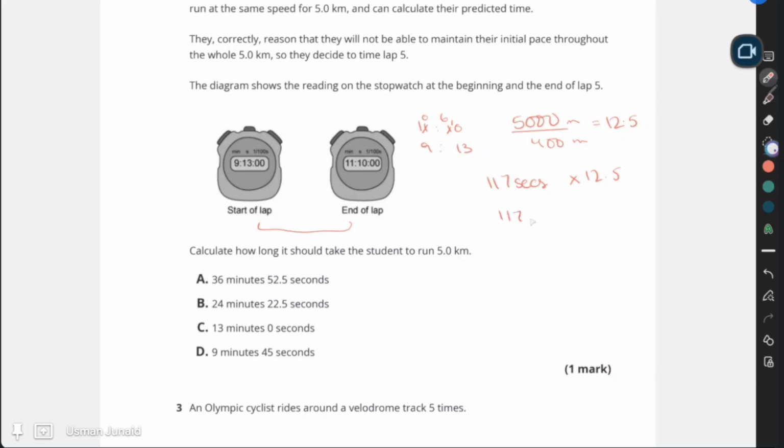So 117 seconds multiplied by 12.5 gives me 1462.5 seconds. And if I divide this by 60, I get 24.375. So the option that I'll choose is the one with 24 minutes.